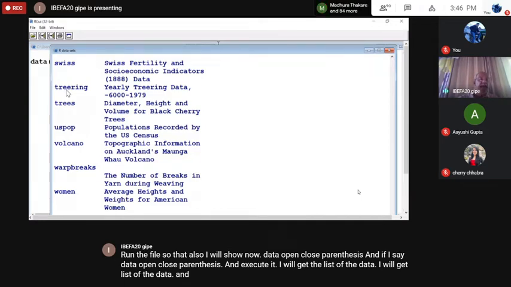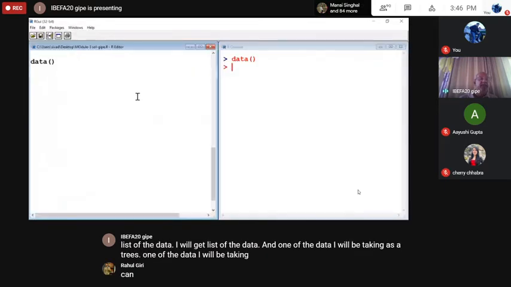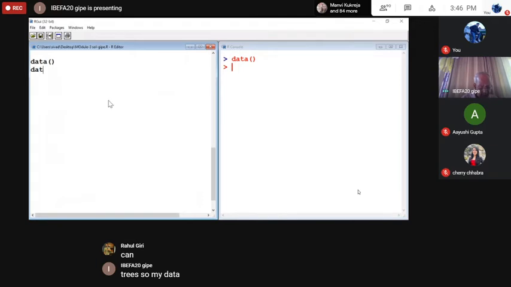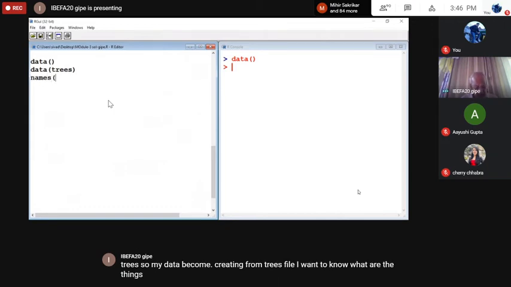One of the datasets I will be taking is trees. So my data becomes reading from the trees file. I want to know what the things in the trees file are. I will execute.